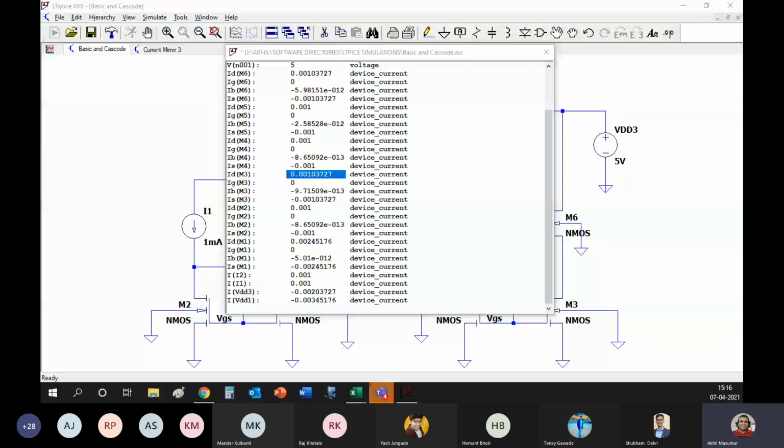Sumant, your output is okay. Shruti. Okay, your output is okay. Good. Now try to double the current in the mirror.